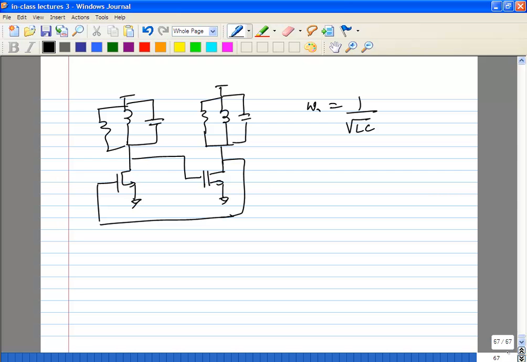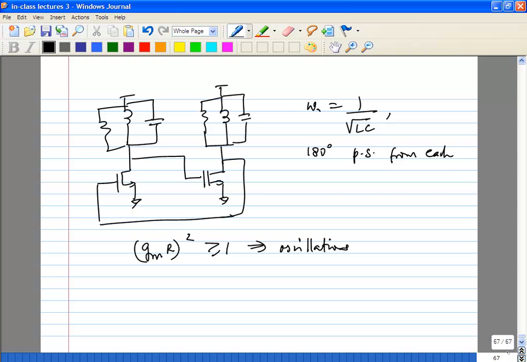At omega naught equals 1 over root LC again, the 360 degree phase shift takes care of the phase portion.